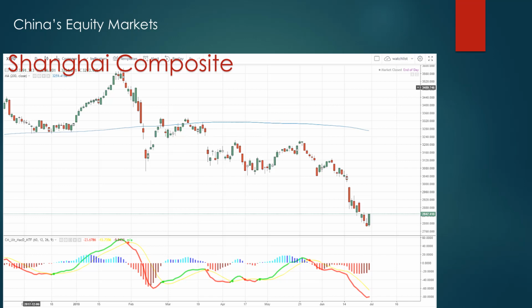Now, here's the Shanghai Composite Index, and we are well below the 200 moving average, where I believe we just hit 20%, and there was a rally on Friday. This will be a very interesting index to follow in the coming week, as China's currency is looking to be more and more devalued.